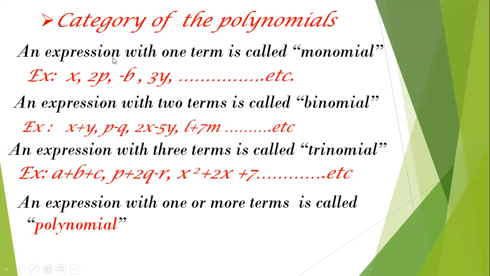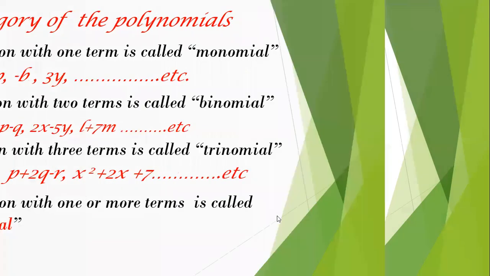We observed in the first example that it is one term, here it is two terms, and at this place we have three terms. According to the number of terms, the polynomial has different names. So first of all, this is a monomial, this is a binomial, and this is a trinomial. So from all these, an expression with one or more terms is called a polynomial.